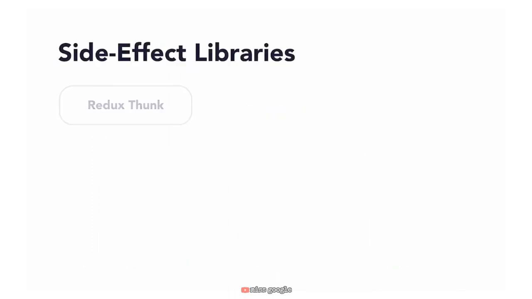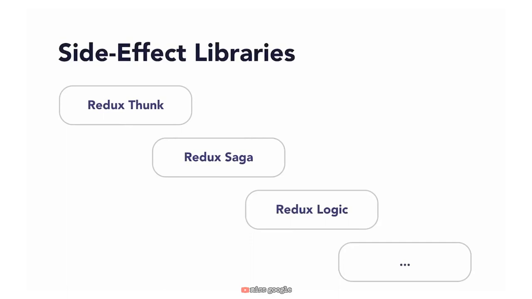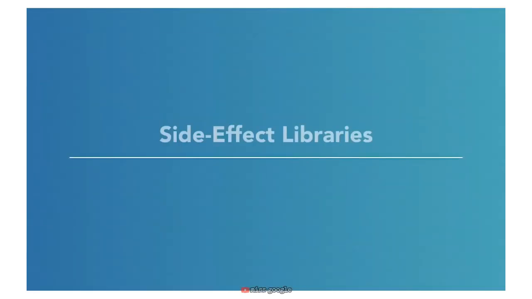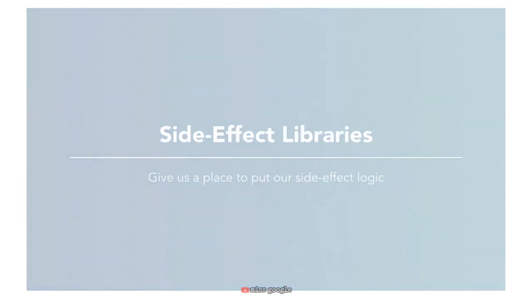There are several side effect libraries that are available to React developers. Two of the most popular ones are Redux Thunk and Redux Saga. Now, despite the somewhat cryptic names, the goal of these side effect libraries is more or less the same: to give us a way to separate the side effects of our application from our components.